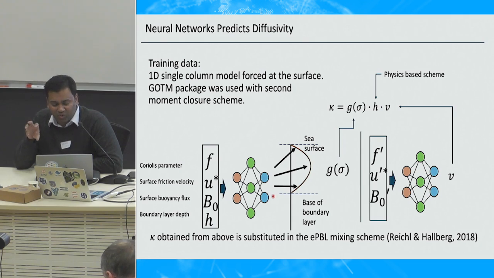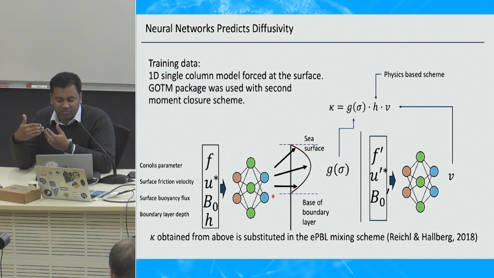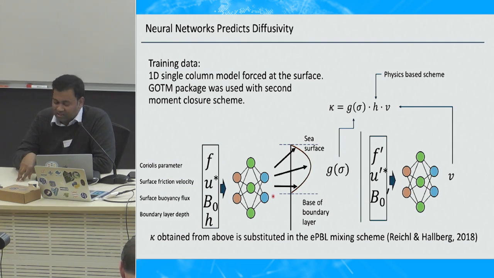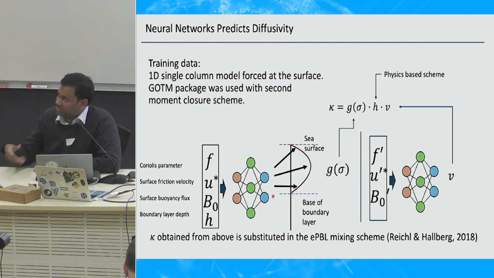So it's very small and compact, and the only thing required when you want to use them in a Fortran model is a feed forward calculation, right? So you just need to multiply matrices, and in that case it was easier to just code the feed forward multiplication as subroutines in Fortran, and MOM6 or any ocean model is already equipped to read the weights and biases through NetCDF files.